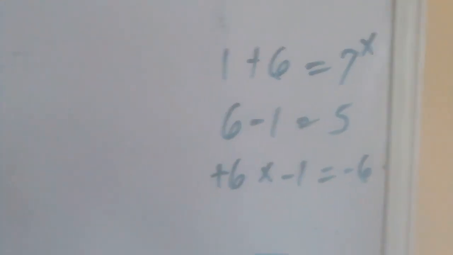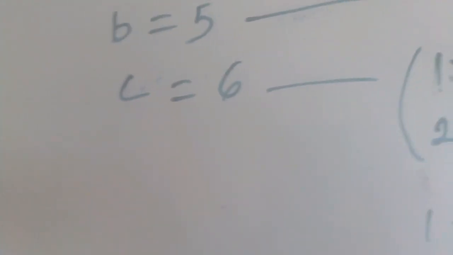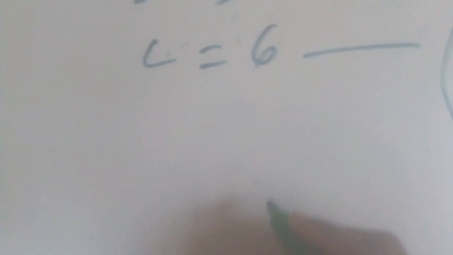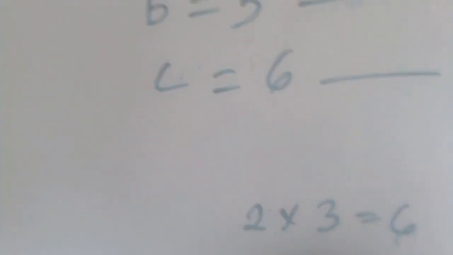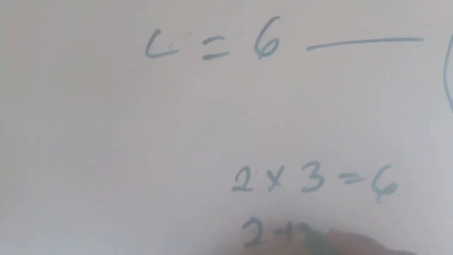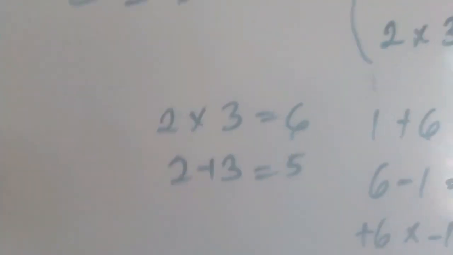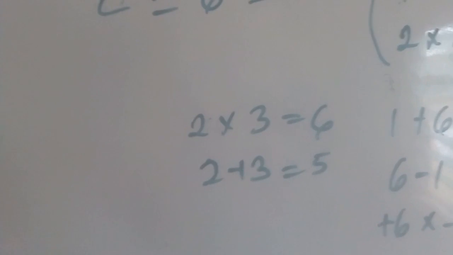Minus 6 is not what we have as a constant. So we look at 2 times 3, which is going to give us 6, and 2 plus 3 will give us 5. So we see that 2 and 3 are the perfect numbers.